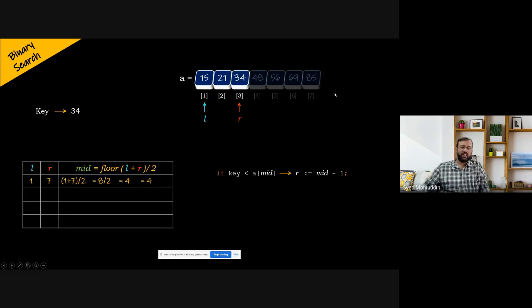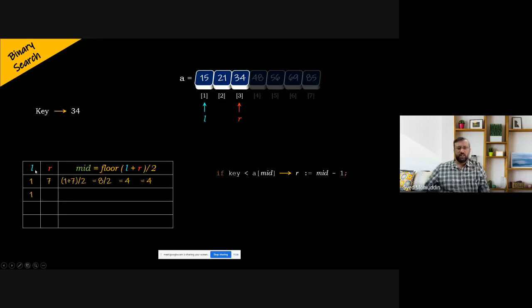And we said that the subproblems are non-overlapping. They do not overlap. So we cannot take R equal to mid. If we take mid, then obviously you have already checked this mid value. So what is the purpose of checking again? So we don't take R till mid, we take it as mid minus 1. And the same thing will apply with respect to L also.